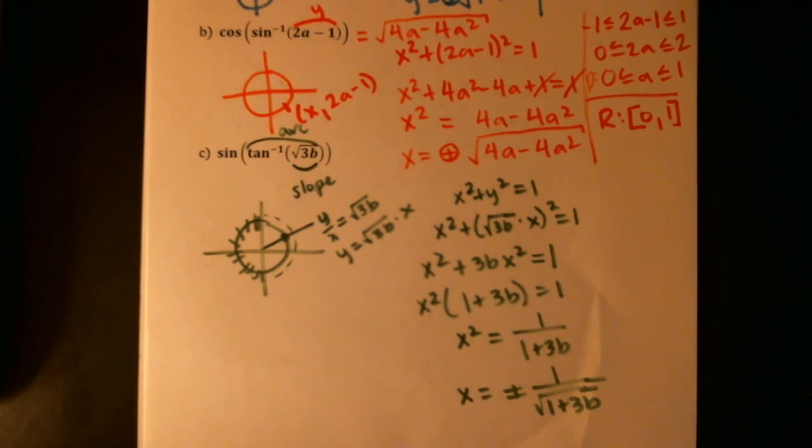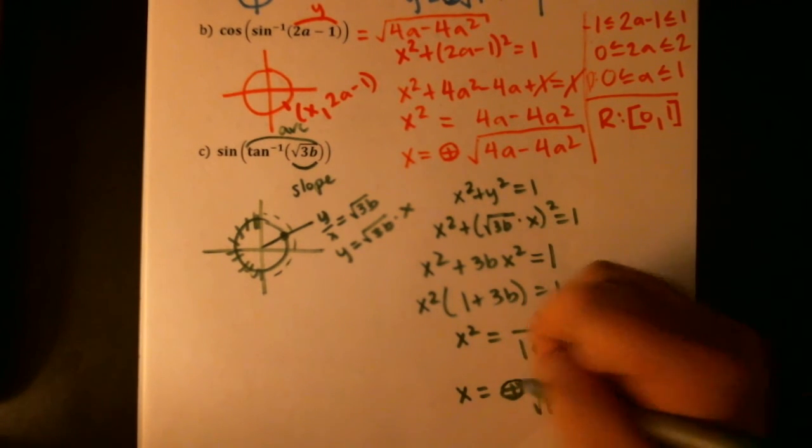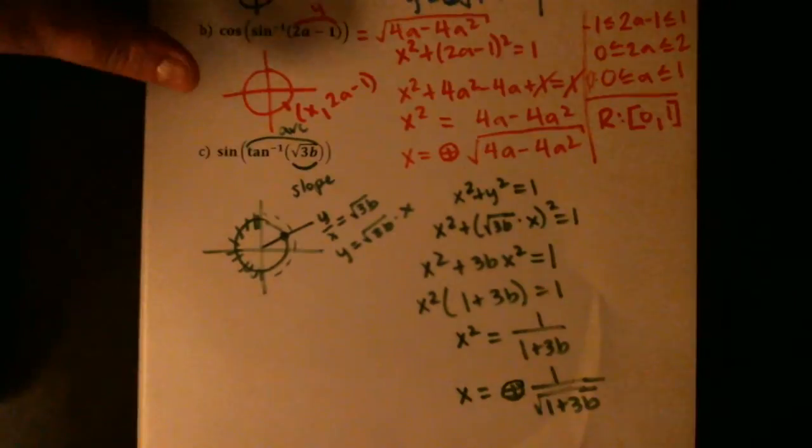I was working with inverse tangent, so I know my x has to be positive because inverse tangent forces me onto the right side of the circle. I once again went through and just did the substitution the way that showed up most easily, but that does mean I have one more step at the end. What I really wanted to know was what is my y value.